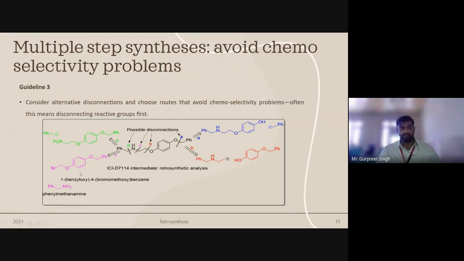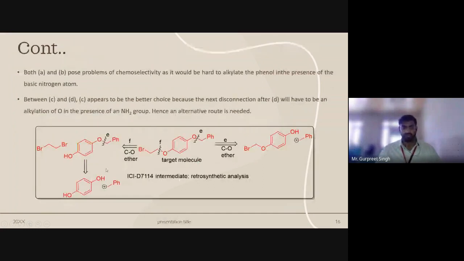If we go with the C pathway, we end up with this molecule, which is easily available. Phenylmethanamine is very easily available, but this molecule we need to synthesize. So we again perform the retrosynthetic analysis. Here we again have two choices.